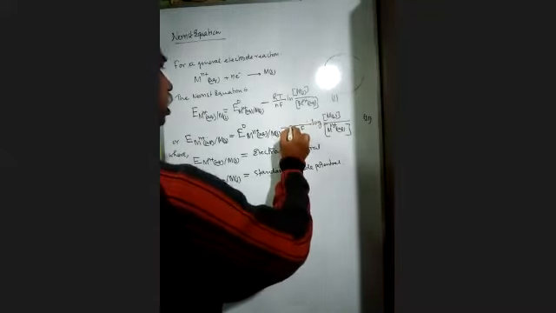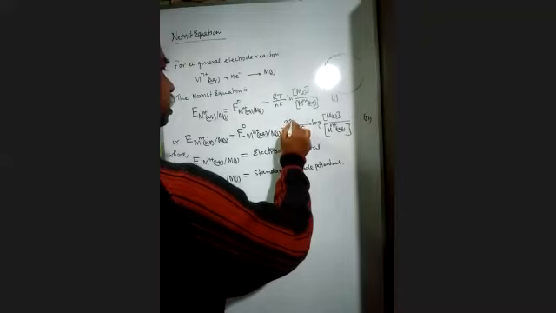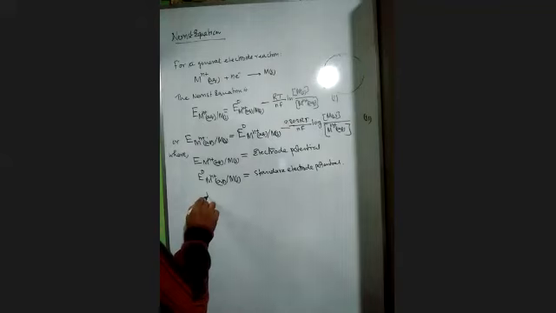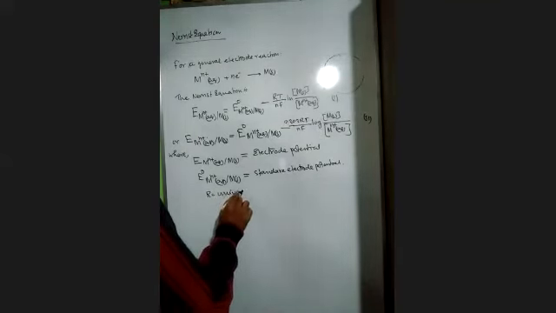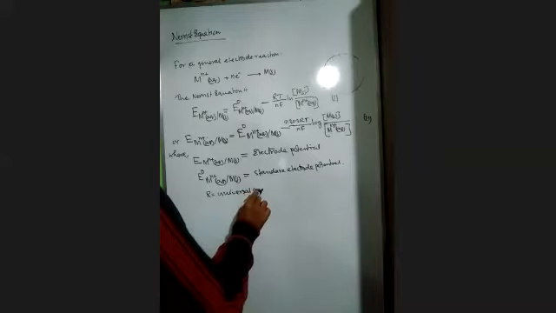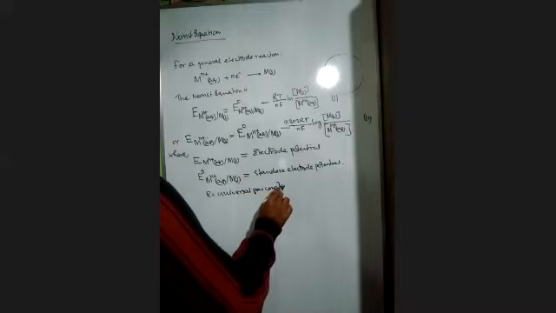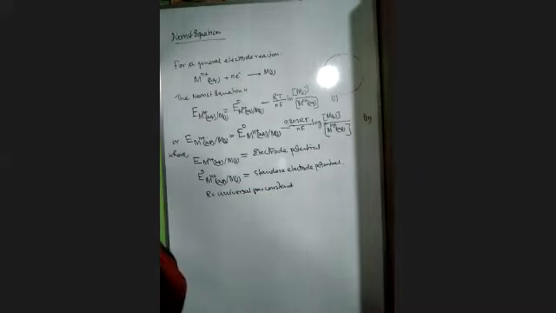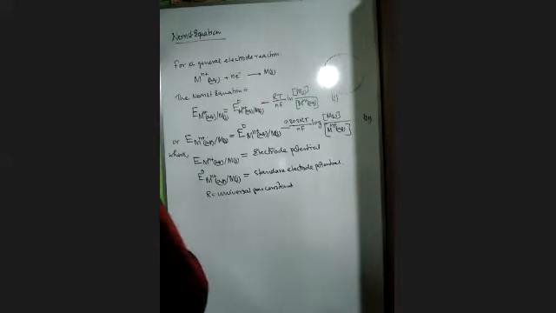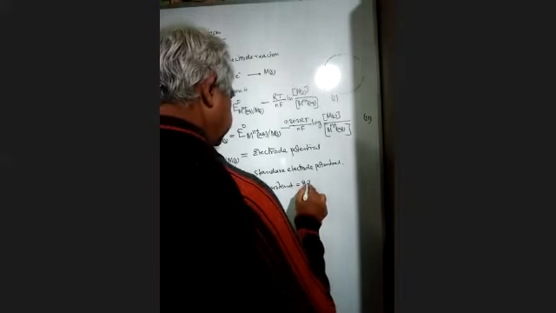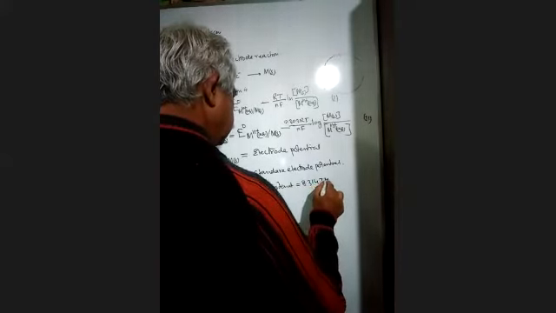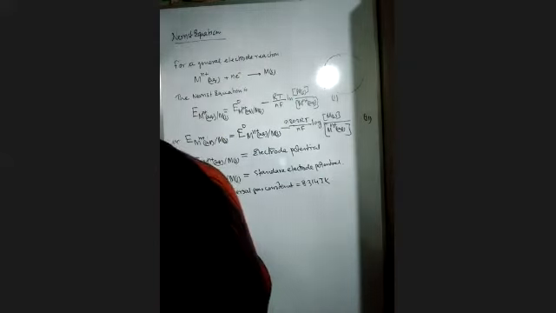And 2.303 R. Now what is R? It is the universal gas constant, equal to 8.314 joule Kelvin inverse mole inverse.